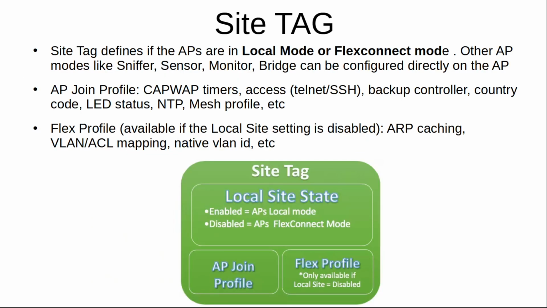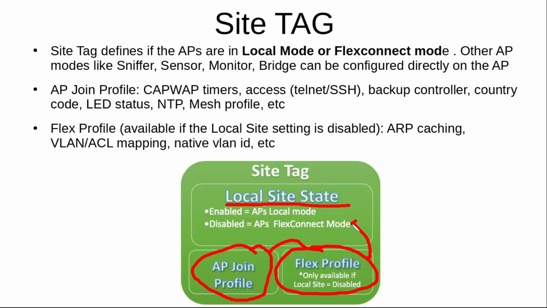The site tag will map an access point join profile to a possible flex profile. So this flex profile will apply if this value, local site, is set to disable. So in this tag you can establish whether your access point will be working in local mode or FlexConnect mode.